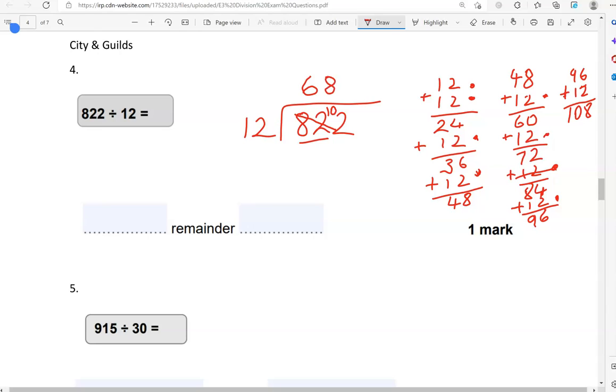Okay, so if I take away the 96 from 102, what do I have remaining? So I need to take away 6 from the 2, which means I've got to borrow 1. This one is 0.